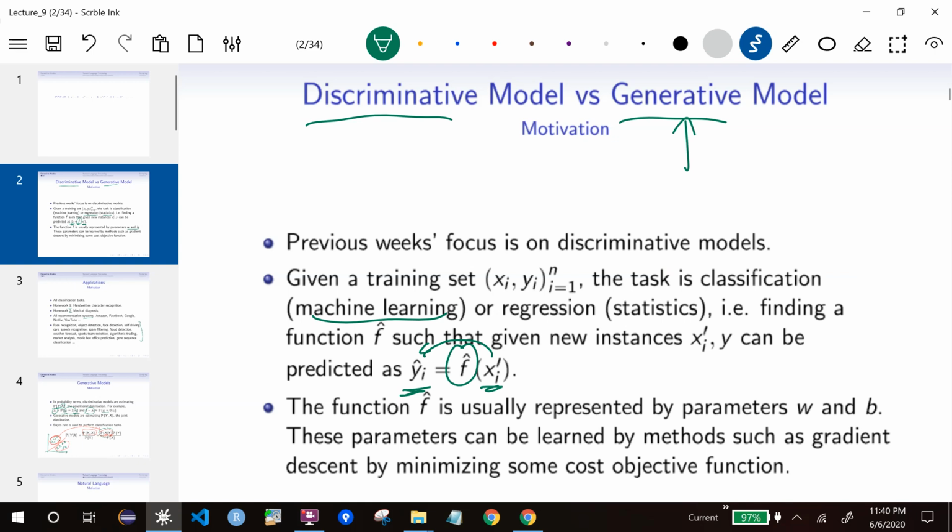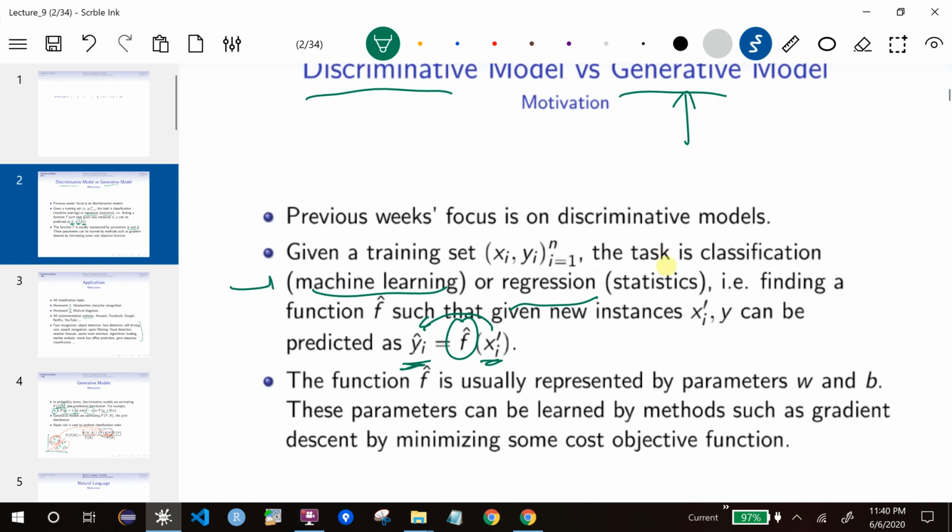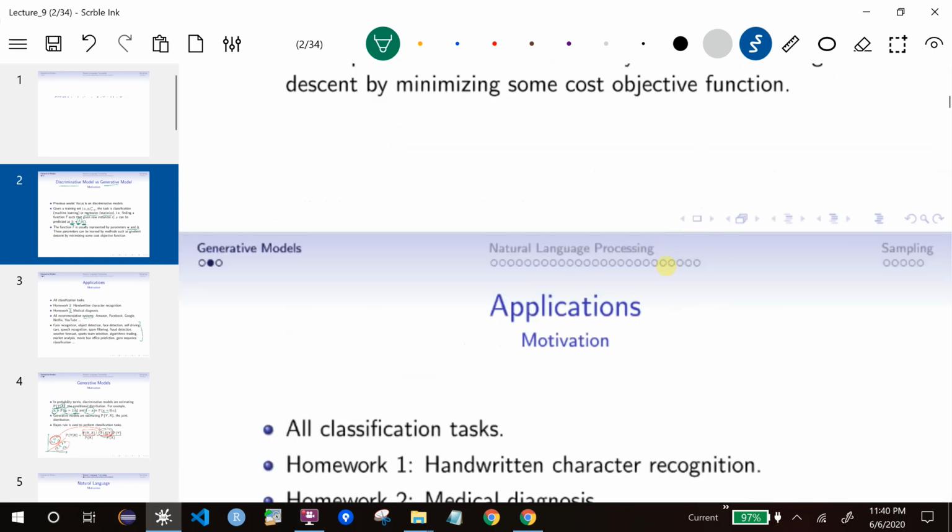And if they are continuous, like stock price and so on, it's regression, and it's mostly dealt with in statistics. So we're going to focus on these classification problems. We usually represent these things by a bunch of weights and bias terms, and that's how we're going to figure out a complicated function that represents these relationships.